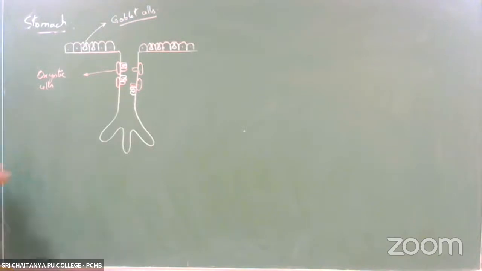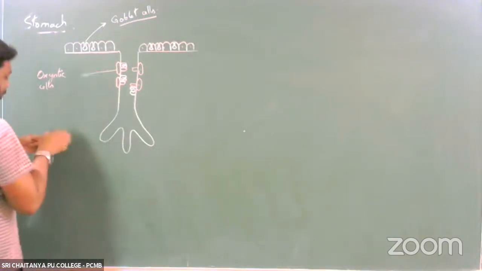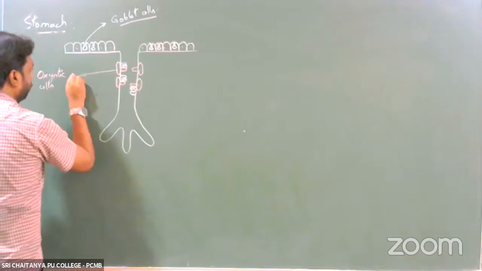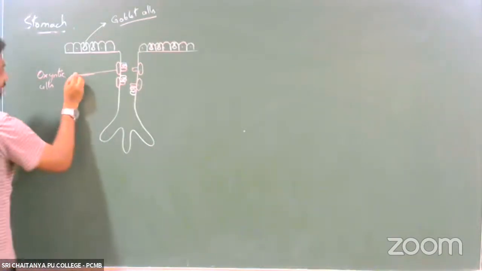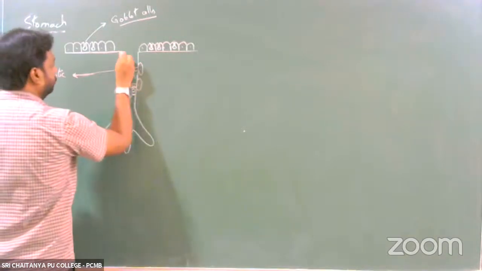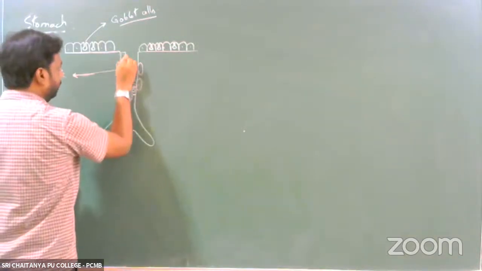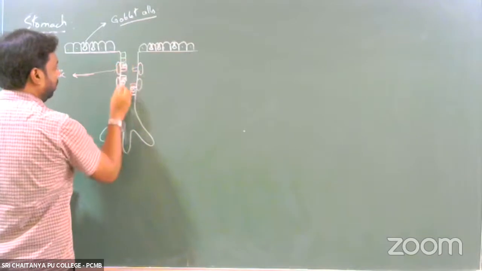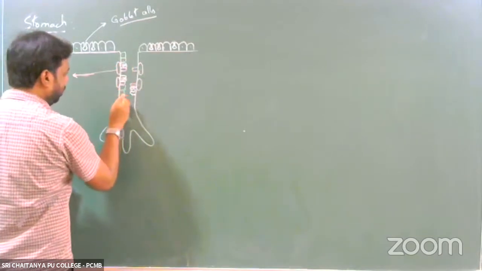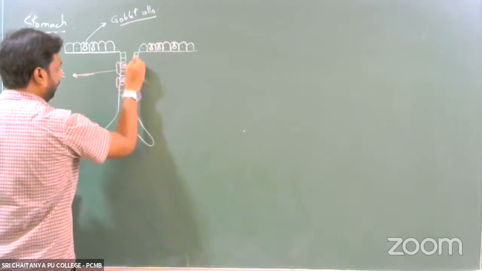Next, moving on to the third type of cell, after the oxyntic cell. We'll first take down the cells, then see what their secretion is, and simultaneously take up the functions also. The third type of cells are the ones present everywhere here, and I'm indicating them with this color. Again, remember, all of these cells are columnar epithelial cells.